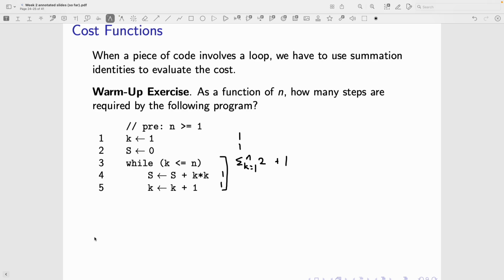So as a function of n, the count for this is 1 plus 1 plus a sum of k equals 1 to n of 2. Why is it a 2? Because there are 2 steps within the loop. Does it also check the loop condition as well? Oh, true. It would be 3. Thanks.